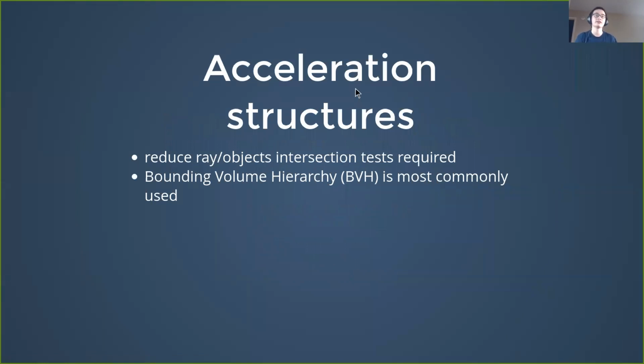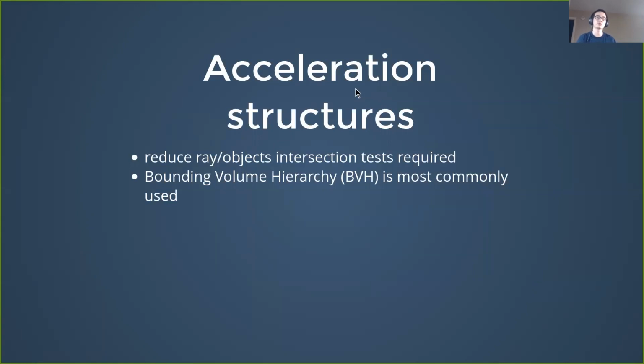And naively, we can do ray-object intersections per ray per object, but that can get pretty expensive. So we can reduce the ray-object intersection tests by using some kind of acceleration data structure.